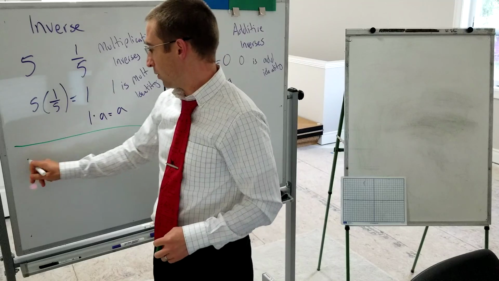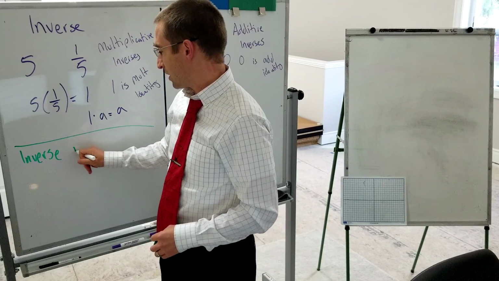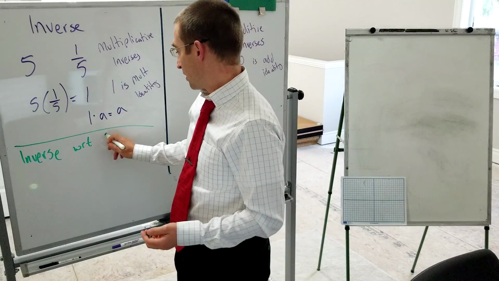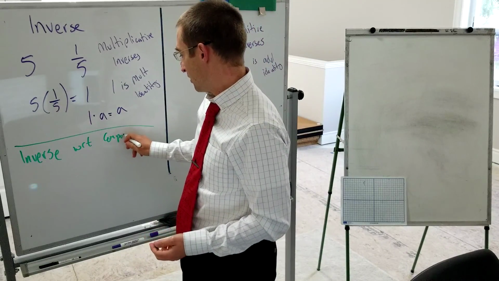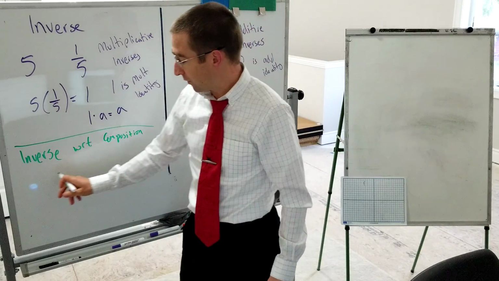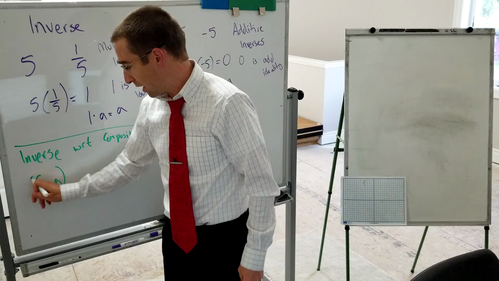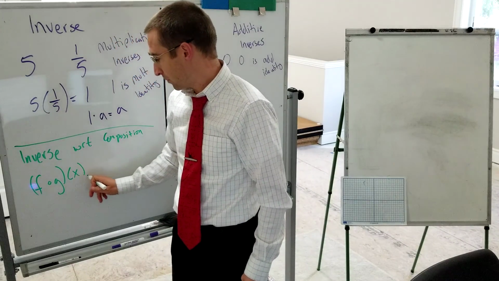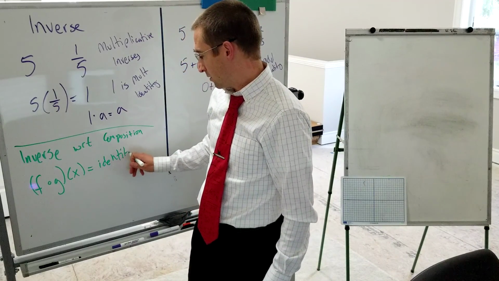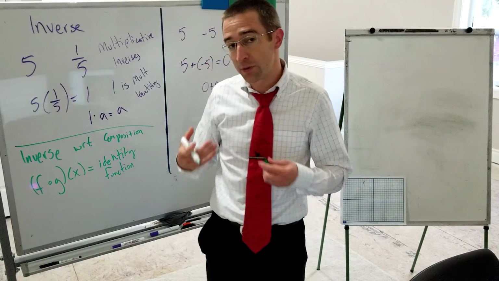So here, we want the inverse with respect to composition, where WRT stands for with respect to. With respect to the composition of functions, if I take two functions, f and g, and I compose them, I get the identity function, where the identity is with respect to composition.